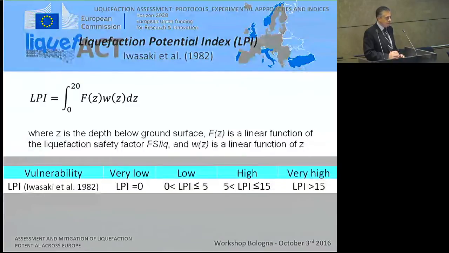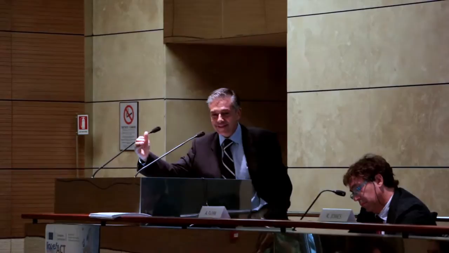So if we have that, even Vincenzo, when he showed these profiles with the CRR and the CSR, independently of the two different results, we get this factor of safety in depth.